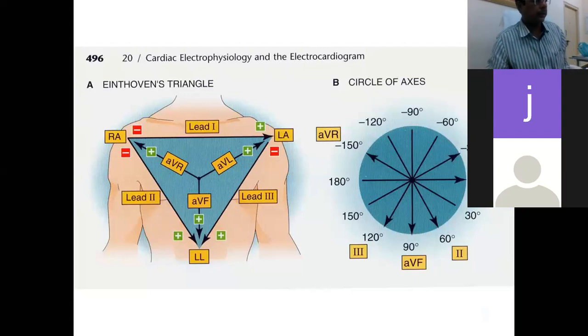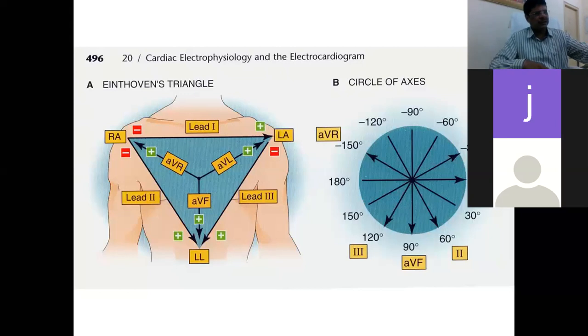So we looked at the two planes in which the ECG is recorded. The first plane is the frontal plane. The bipolar and unipolar limb leads are going to record the ECG in the frontal plane.